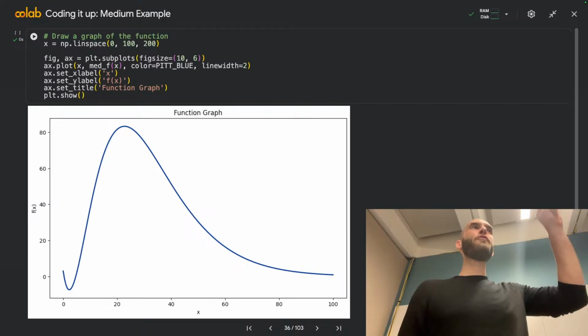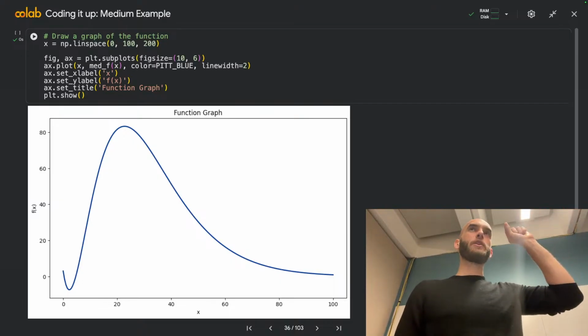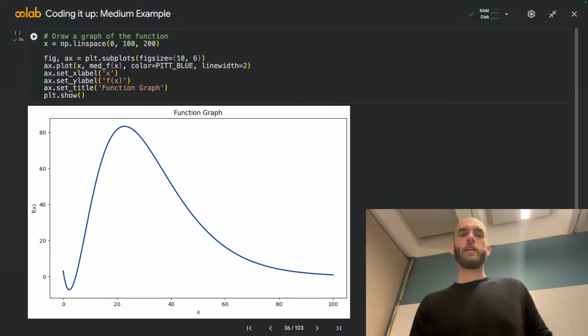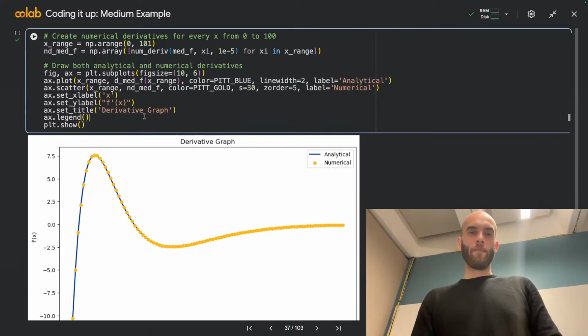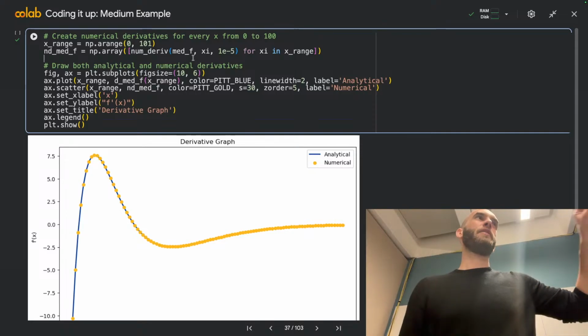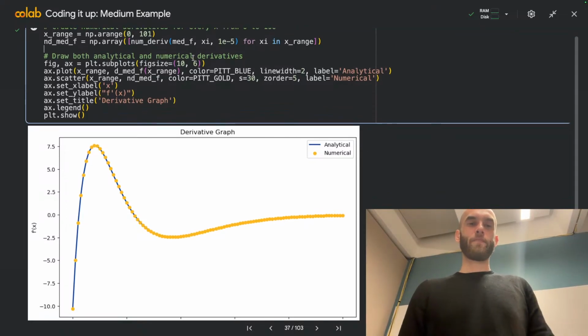So we can evaluate at a particular value of x, but we can also evaluate at a bunch of values of x. And we can do that by running through a bunch of values of x and computing the derivative and then plotting the actual value of those points.